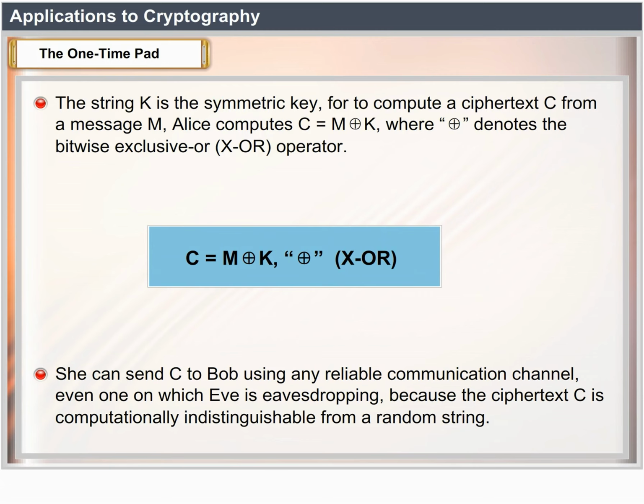She can send C to Bob using any reliable communication channel, even one on which Evie is eavesdropping, because the ciphertext C is computationally indistinguishable from a random string.